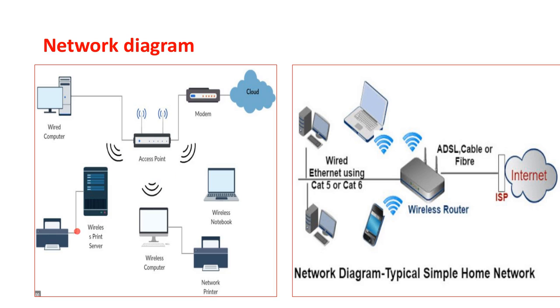This one is wired here, and this indicates that the connection is wireless through an access point. The access point is connected either to a modem or a router. Maybe the most basic and simple network is as illustrated in the image on your right.